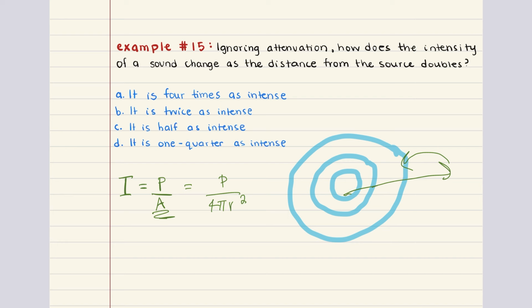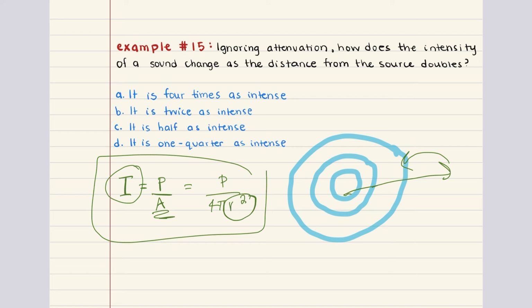As a result, the intensity, which is the sound power divided by the surface area, decreases as the distance r increases. And we can see that in this relationship here. This equation shows that the intensity is inversely proportional to the square of the distance.